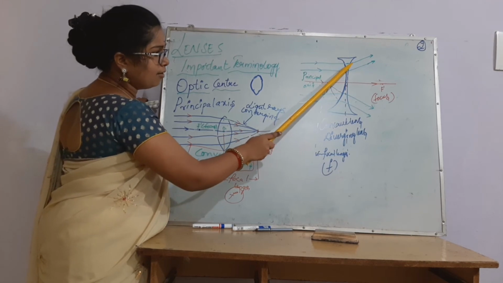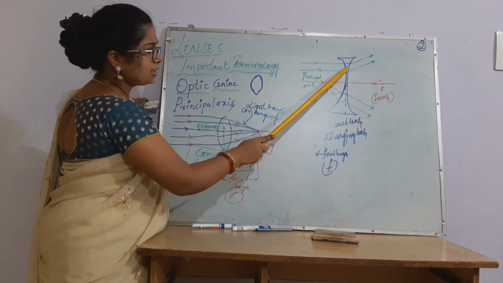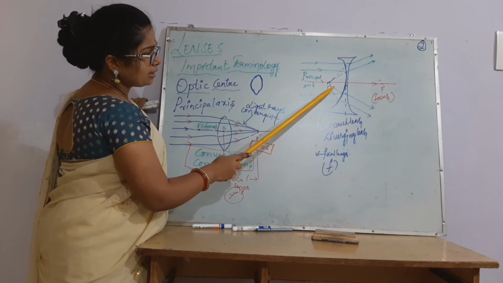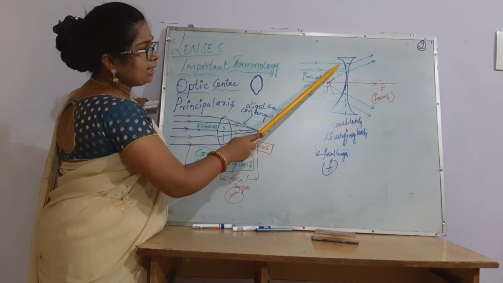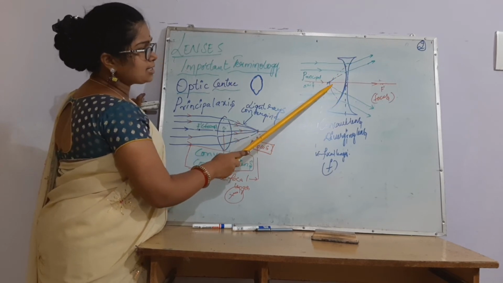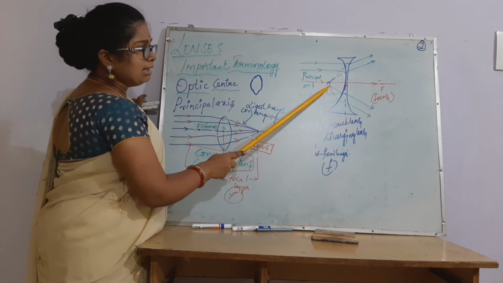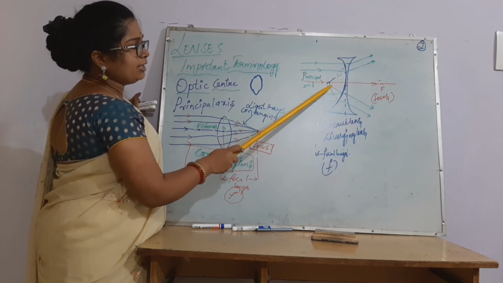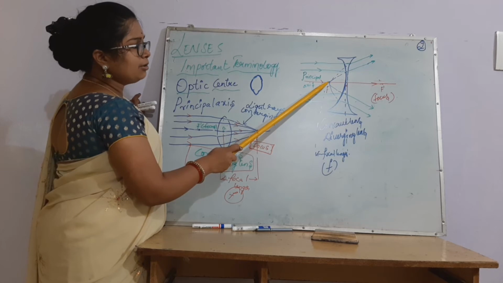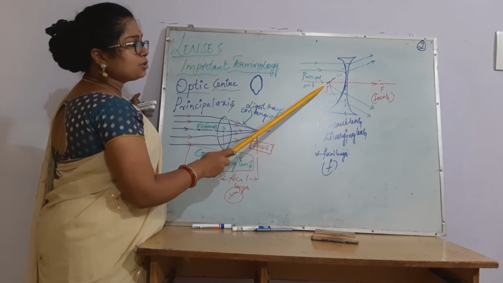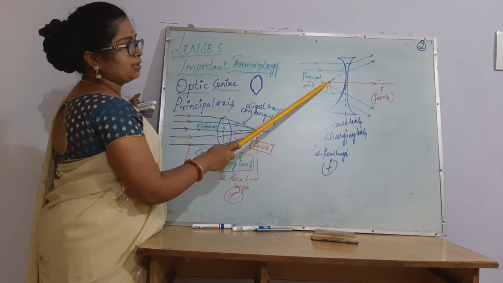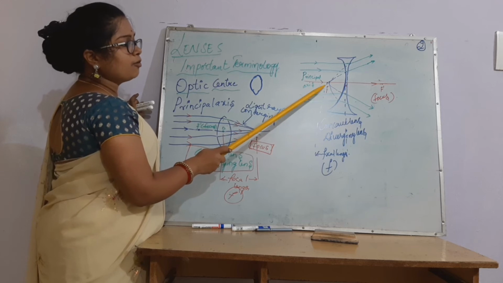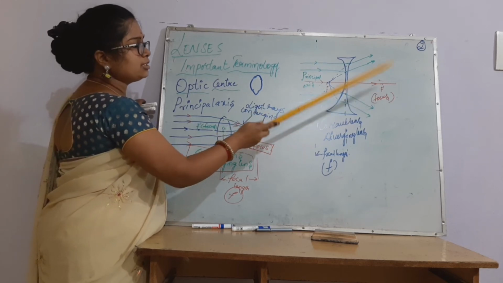And all have to meet here. See, they are meeting here. I am dragging the rays back behind the lens, and I am making them meet here. So it appears to meet here. So this is called the focus, and that side of the focus is F dash.